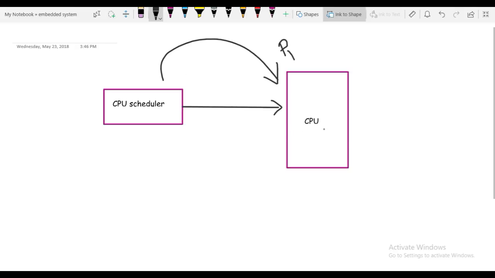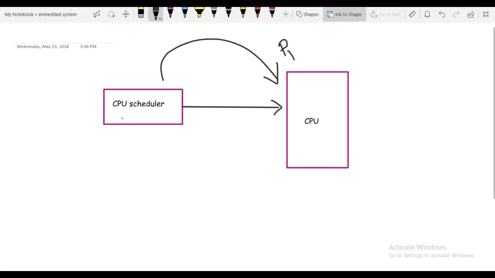That is, whenever it finds that the CPU is doing nothing, at that moment the CPU scheduler assigns or allots the process to the CPU, right?